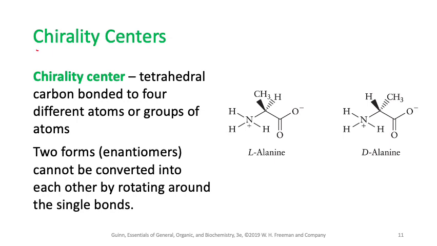Now we're going to talk about the chirality center. What is a chirality center? A chirality center is a tetrahedral carbon bonded to 4 different atoms or groups of atoms.